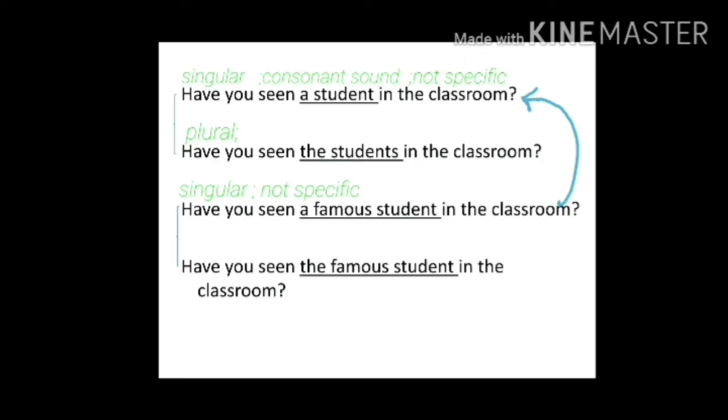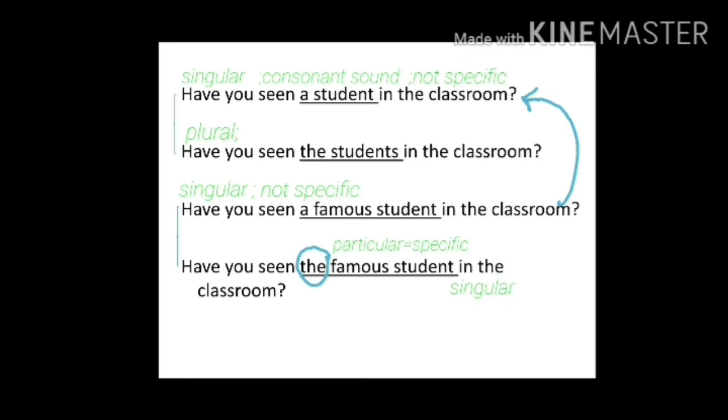In the fourth sentence, have you seen the famous student in the classroom? You can see clearly that the underlined noun is singular, but then it is using the article the. This is because you are already referring to a particular famous student, meaning your audience already know who is the famous student you are looking for.